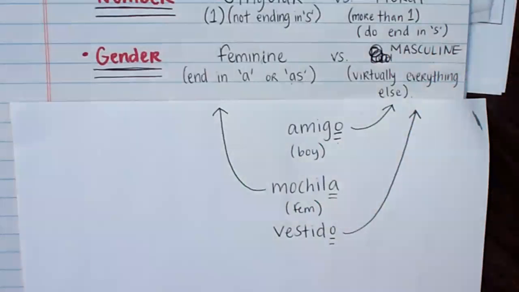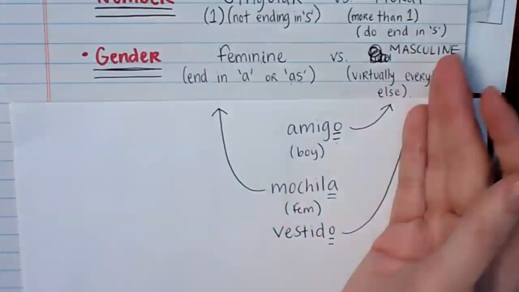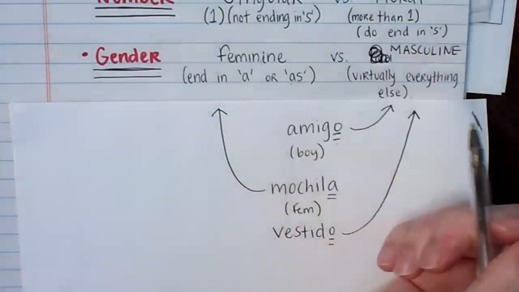I know it's kind of strange, but the good thing is when we were talking about adjectives, we can change the adjectives from feminine or from masculine by changing the ending.